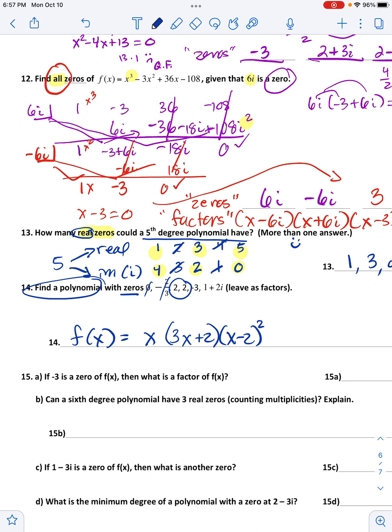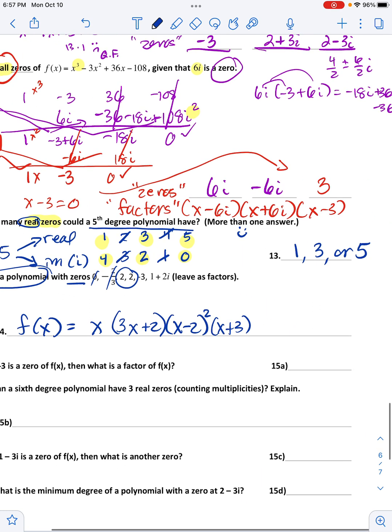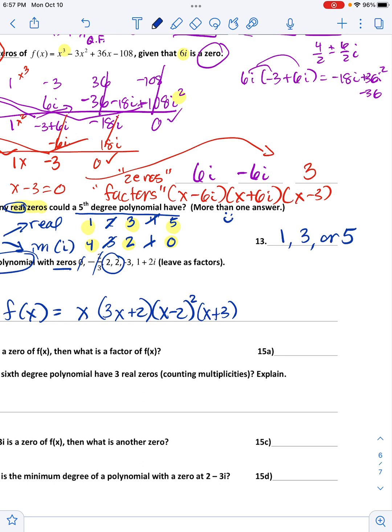Then I have a negative 3, so that would make x plus 3. And then I have, ooh, this is tricky. Then I have this. Ooh, this is really tricky. So remember what I need to do. I need to always take x minus my 0 value. So when I distribute that negative, it becomes x minus 1 minus 2i. But this is going to be the sneaky thing that everybody forgets.